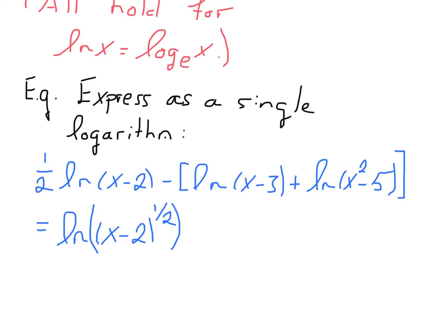There it is. And minus, and now we have the log of this sum, remember, and we'll write the sum of these logs as the log of the product. All right, so this is minus the log of x minus 3 times x squared minus 5.